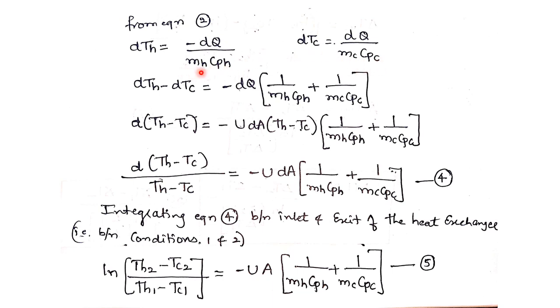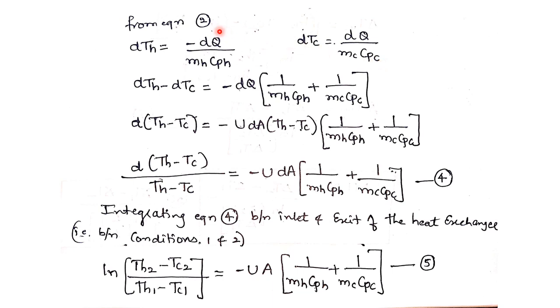Here mH indicates the mass flow rate of the hot fluid and Cph indicates the specific heat of the hot fluid. Similarly, mC indicates the mass flow rate of the cold fluid and Cpc indicates the specific heat of the cold fluid.